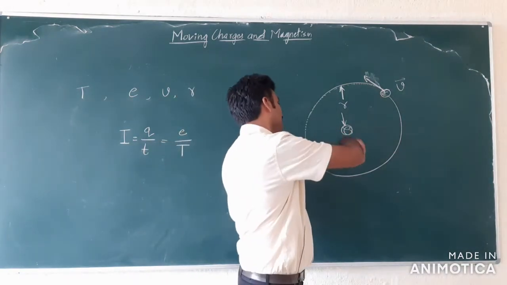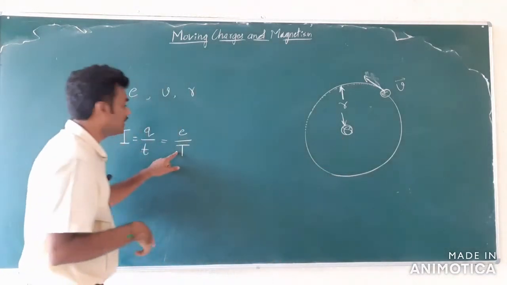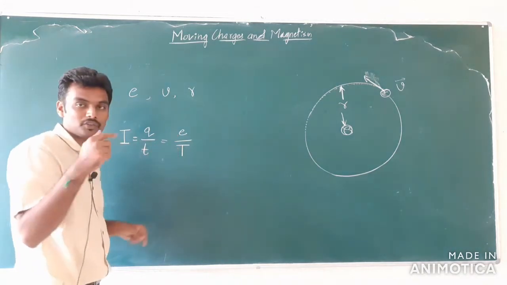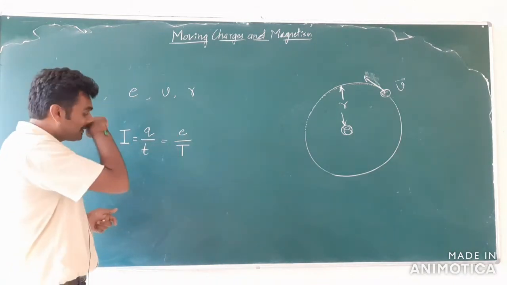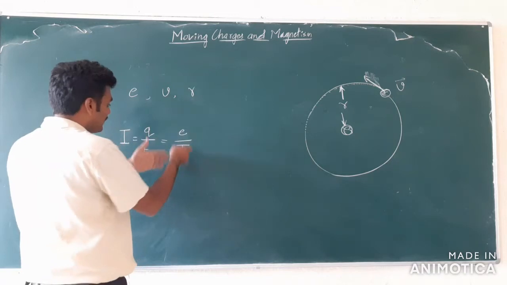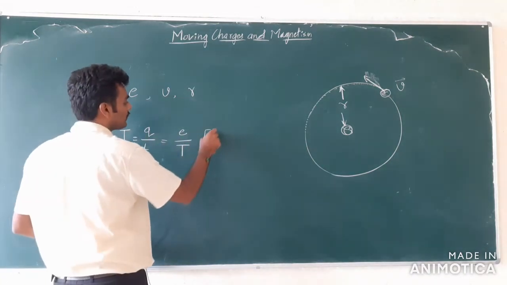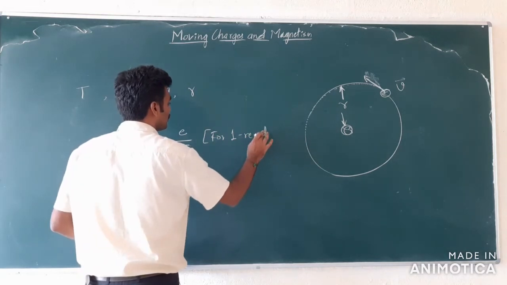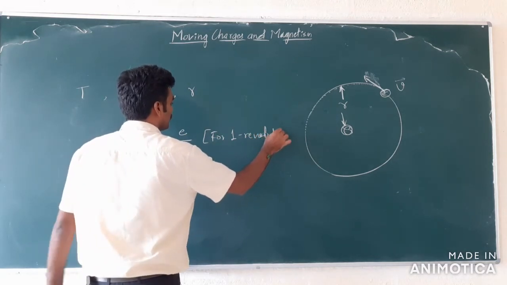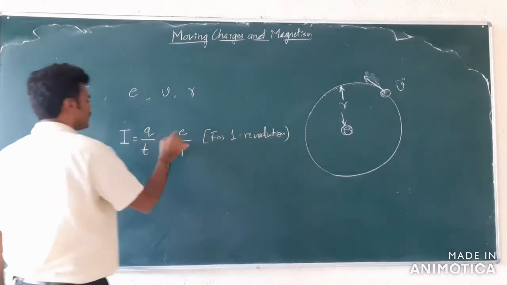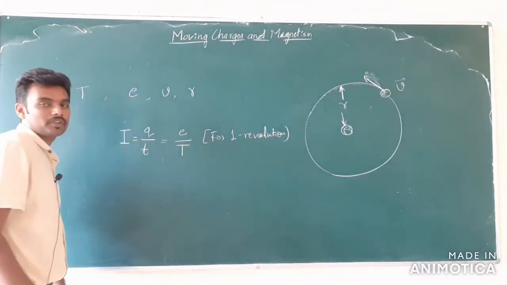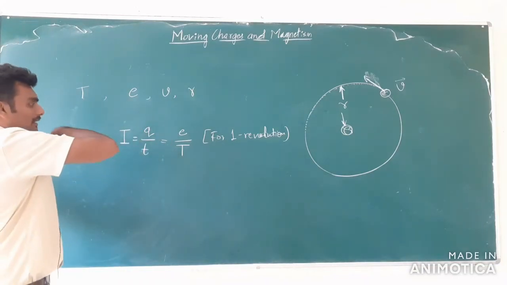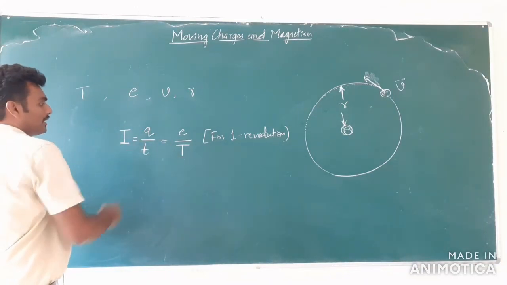If I take 2T, then the same charge passes the point twice, so then I should consider it as 2e. But since for one revolution, this is the condition that we'll be left with. For one revolution, Q becomes equal to e, small t becomes equal to capital T. And now e is easy, that's not a problem. T is what we get to know.